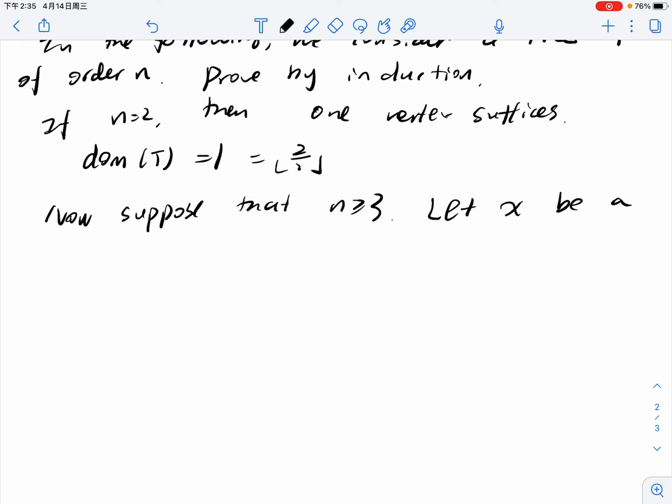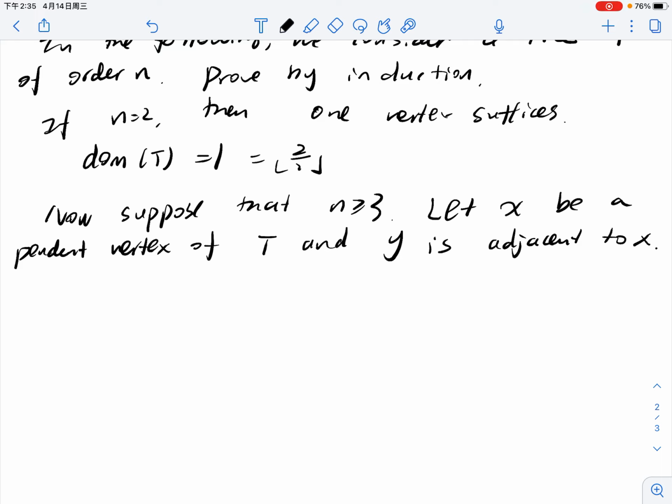So let x be a pendant vertex of T, and y be the vertex adjacent to x.